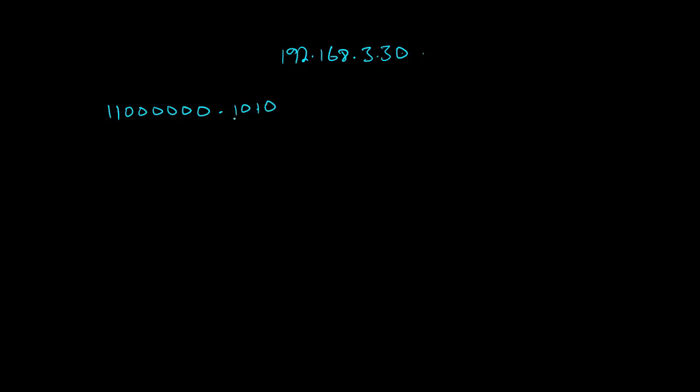That is 128 plus 32 is 160, and then 8. Dot 3 is 00000011, turn on 2 and turn on 1, making it 3.